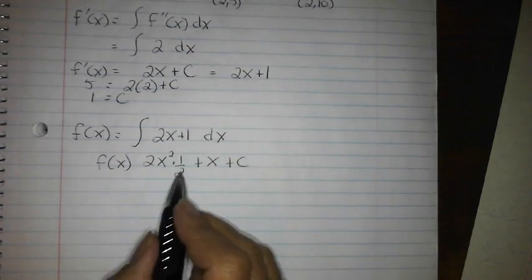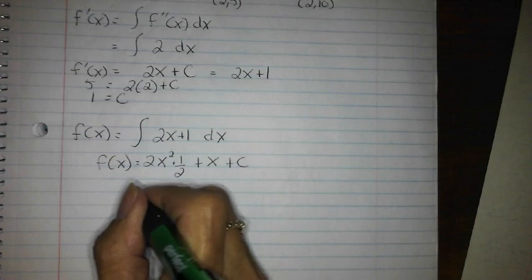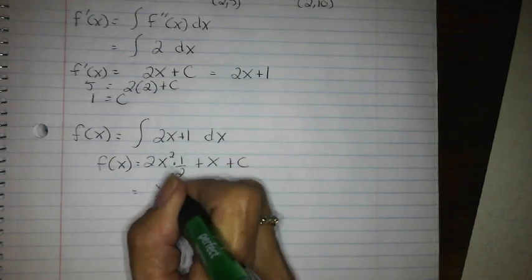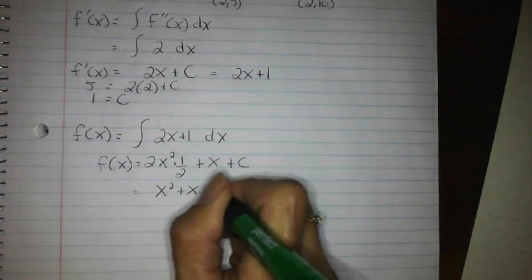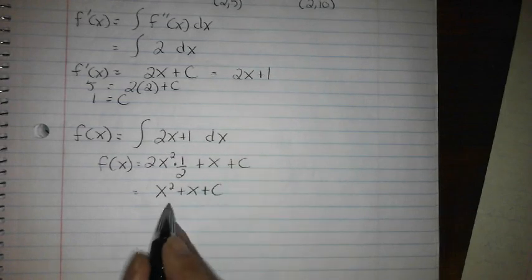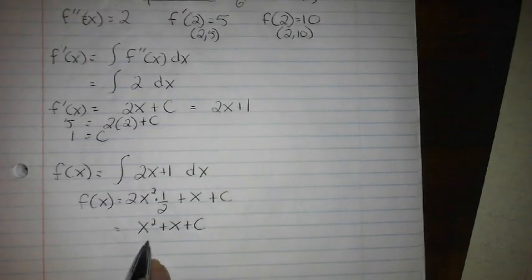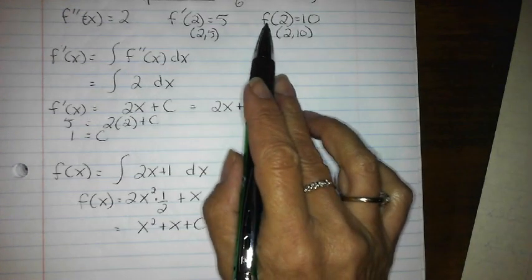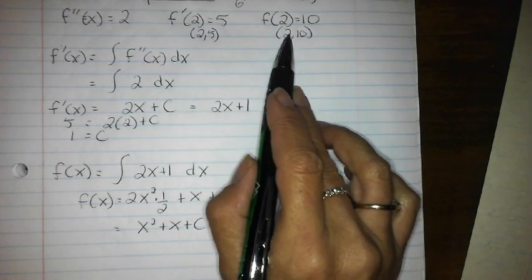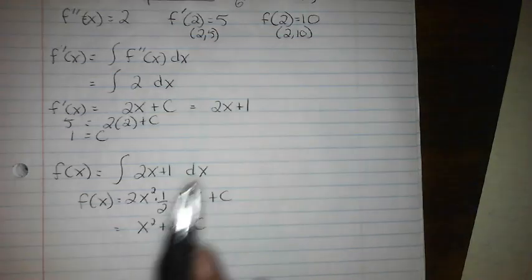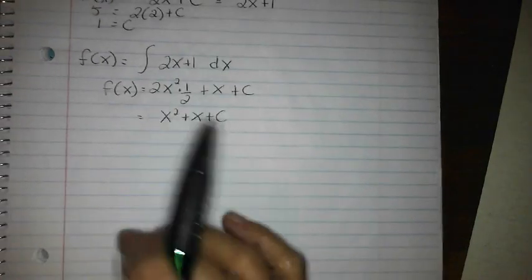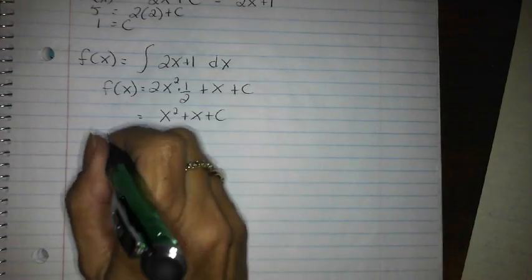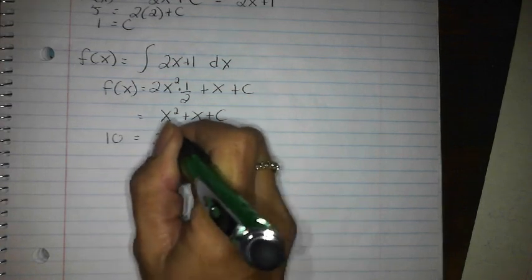So I've got the general equation here. The general equation is x squared plus c. To find the particular, we're going to use that on function when x is 2.